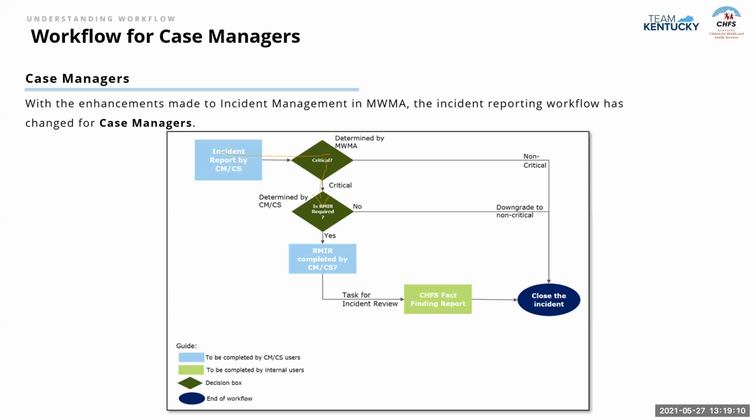Now let's say that our case manager decided an RMIR is required. Then the case manager or supervisor completes the RMIR, and upon submission, it goes to our CHFS staff for incident review. And then after that review, of course, the incident is closed.